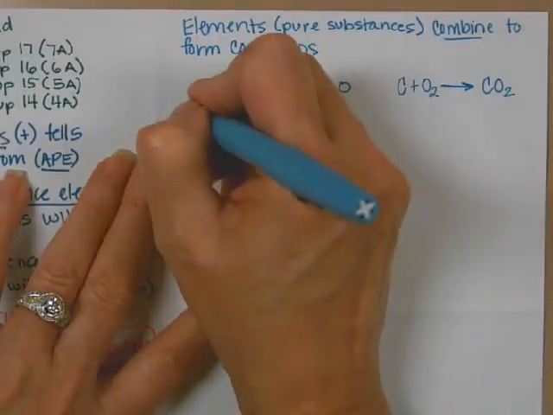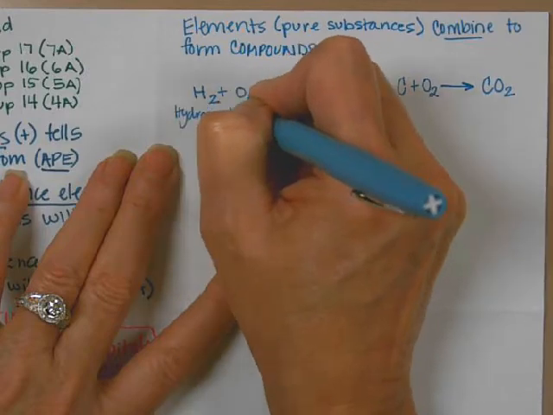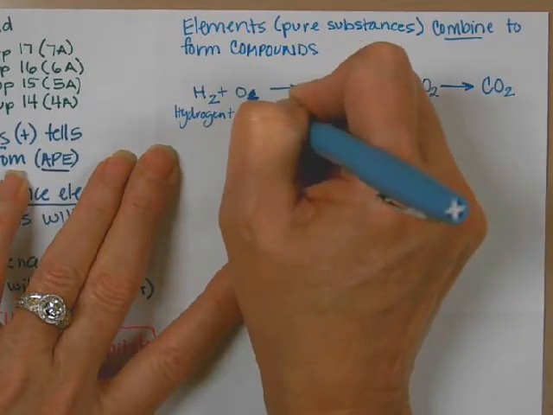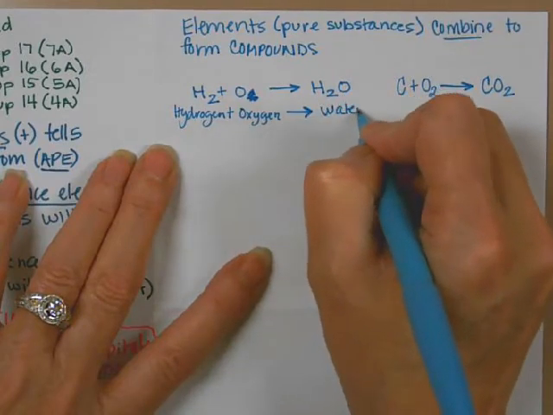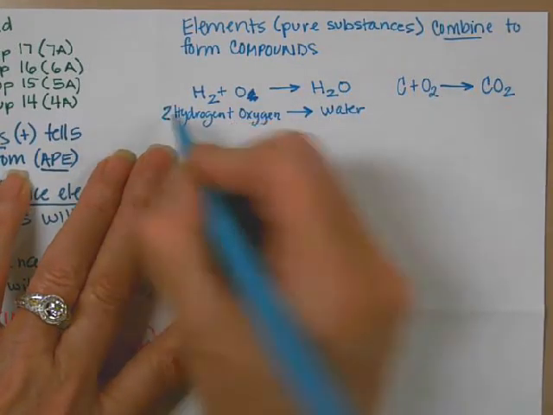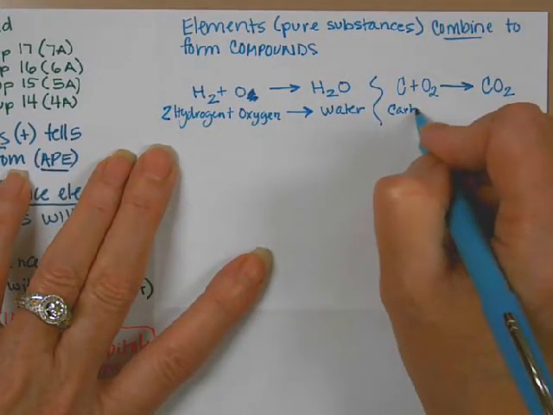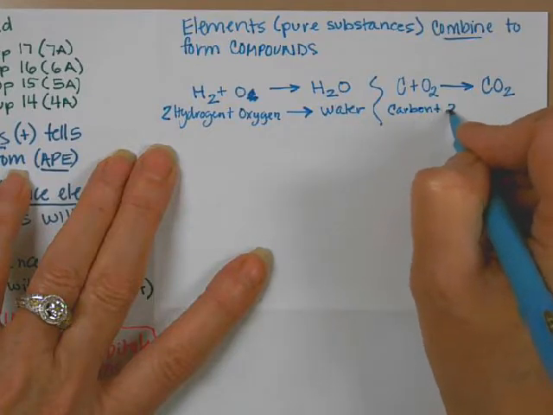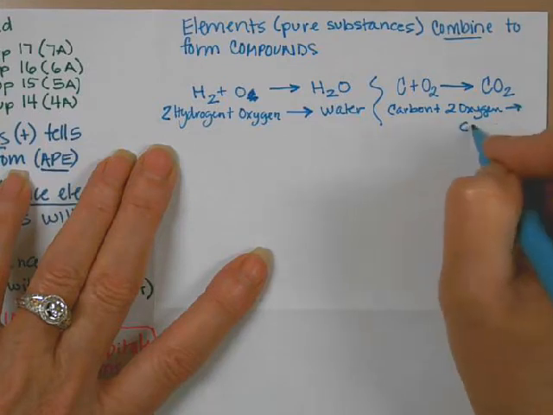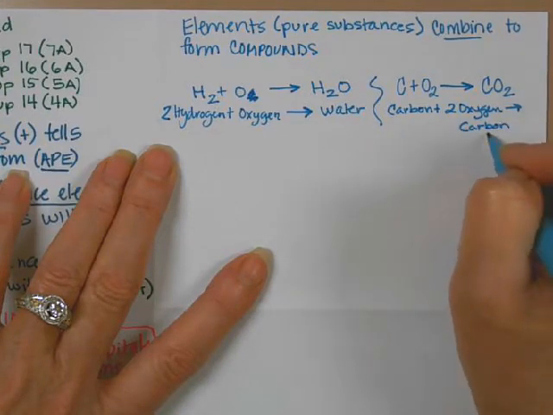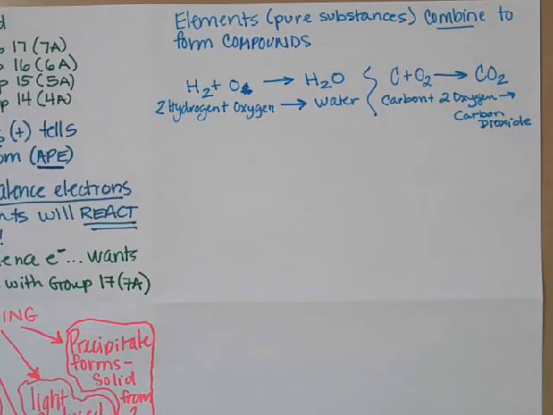So here we had hydrogen plus oxygen, and that yielded or made water, right? Only 2 hydrogens to be specific. Here we have carbon and 2 oxygen give us carbon dioxide. All right, does that ring a bell?